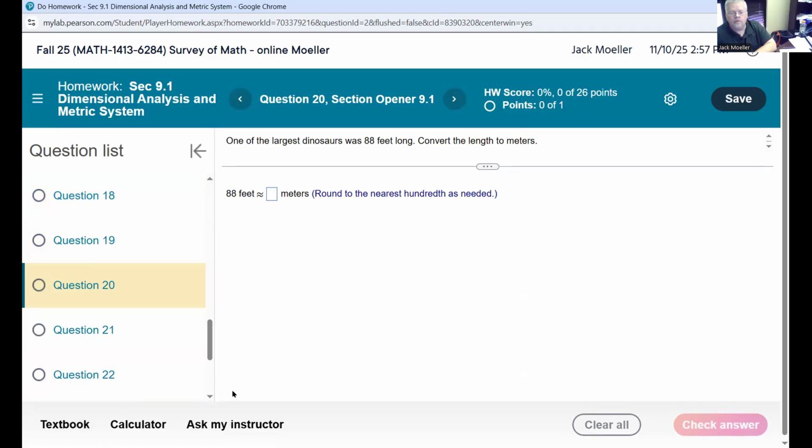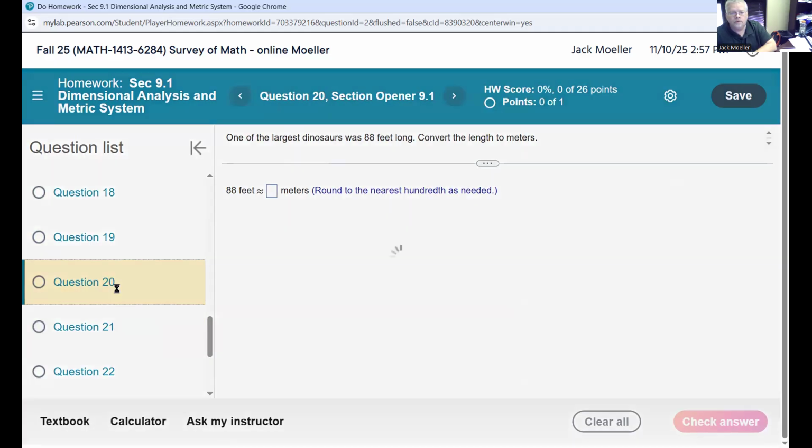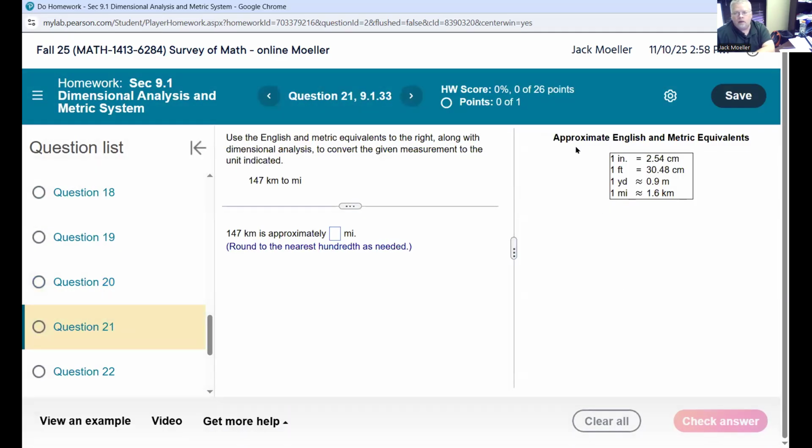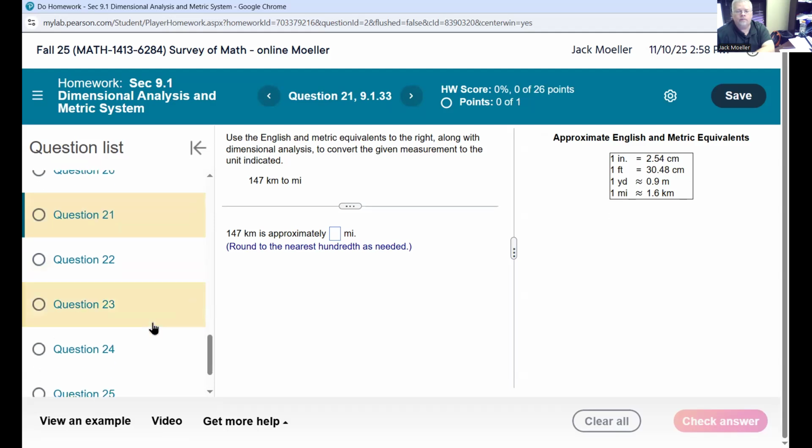But this one doesn't actually have an example. That's why I'm giving you a formula sheet for all the English to metric. So since it's not embedded in the problem, look to your formula sheet. This is one that I'd be less likely to put on the test. It might show up. I prefer putting these on the test because they have the conversions there.